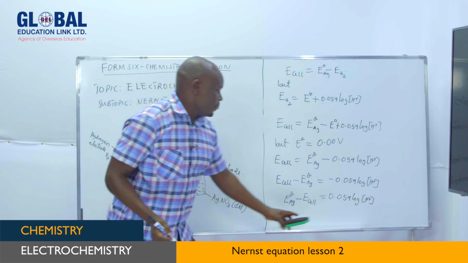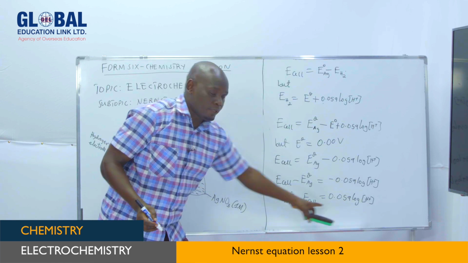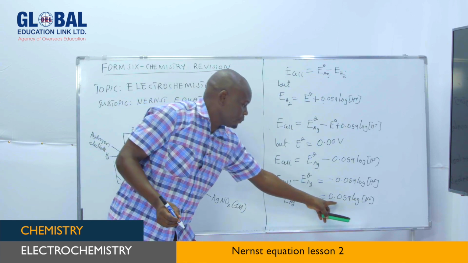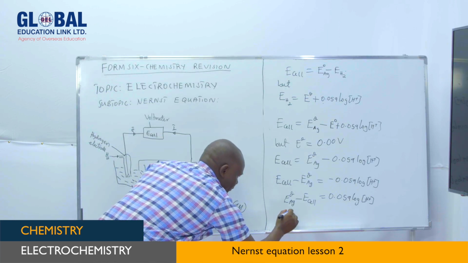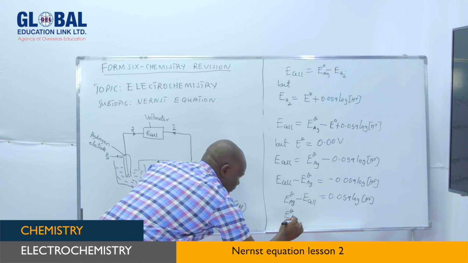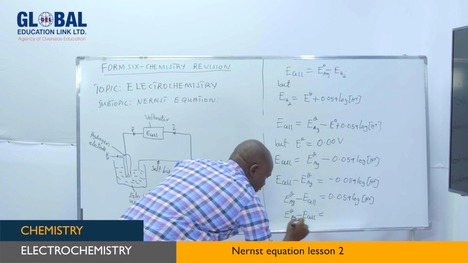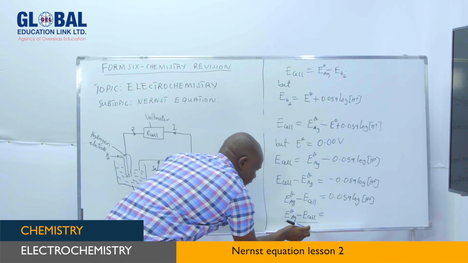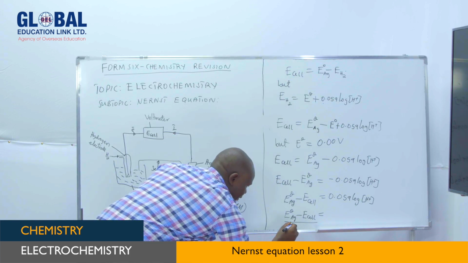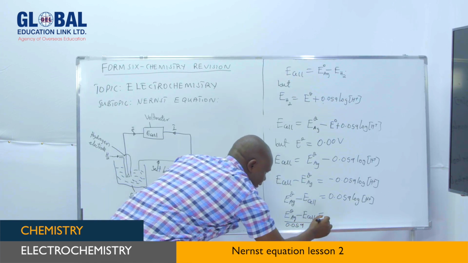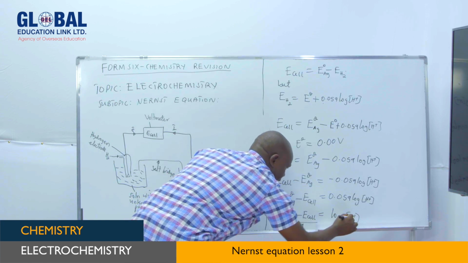So let us now divide by 0.059 on both sides. Then you have E standard of silver minus E of cell, divided by 0.059, equal to log of concentration of hydrogen ions.